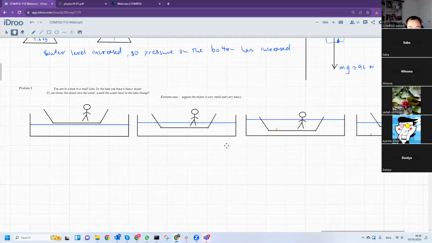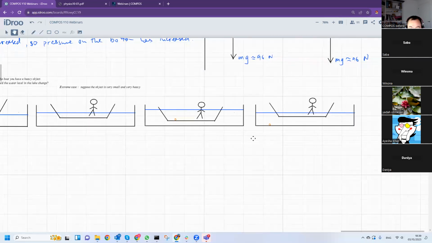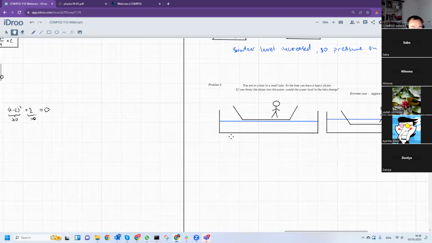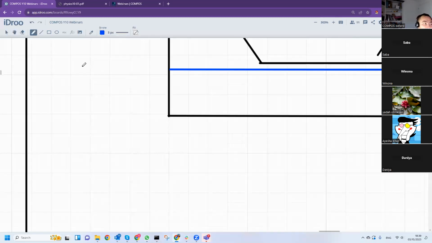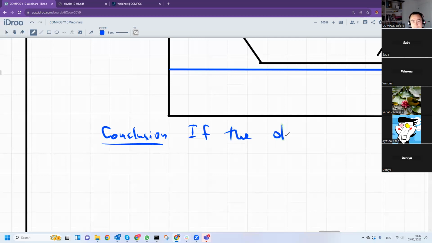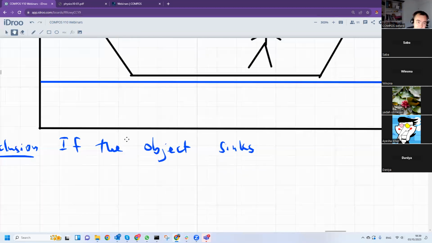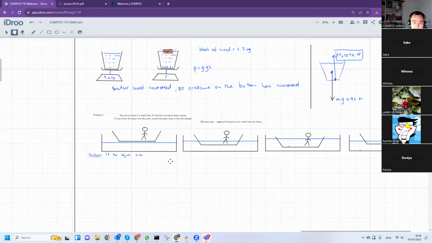So for an object that sinks, the conclusion: if the object sinks, the water level will fall.